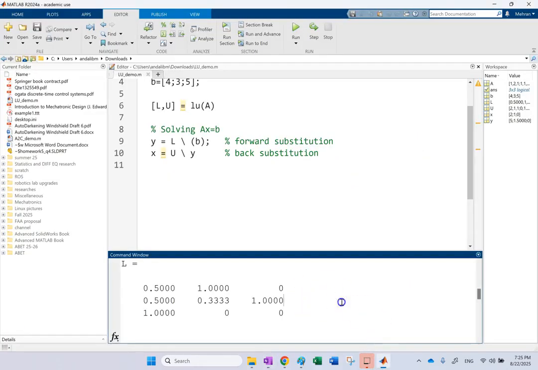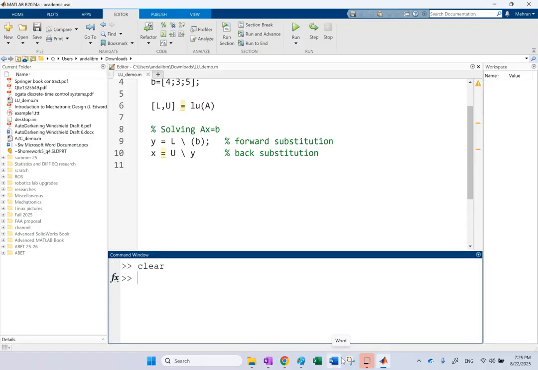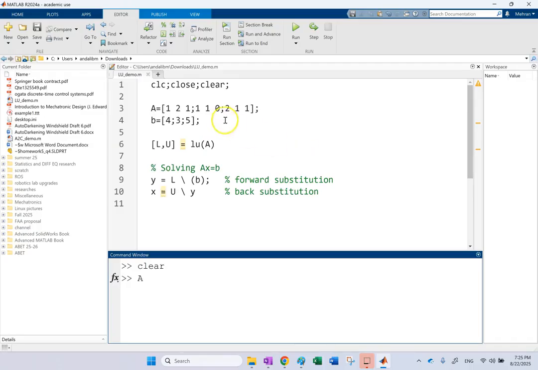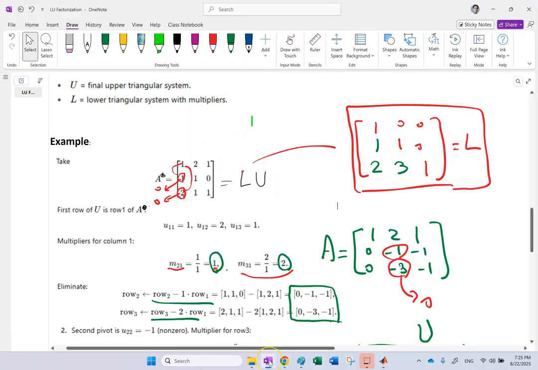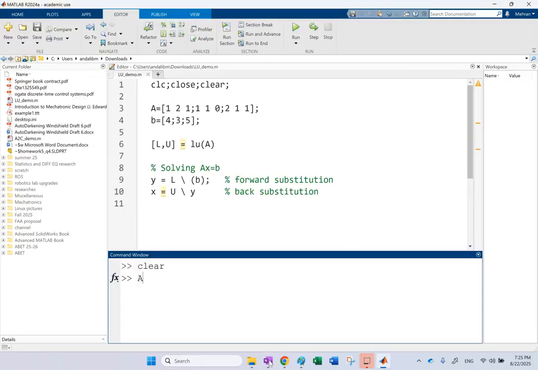So here, to show you that, let's do a clc, clear. So I define my A. Let's see if my A is this matrix here, right? So it is 1, 2, 1, 1, 1, 0, and 2, 1, 1. Yes, it is exactly that. And so here, my L, let me go with what we found here, correct?